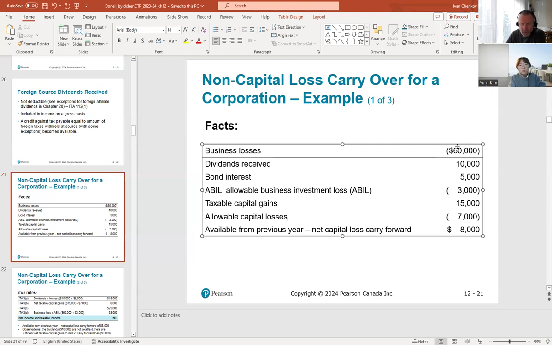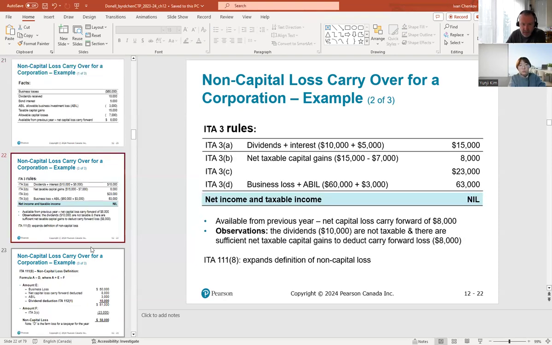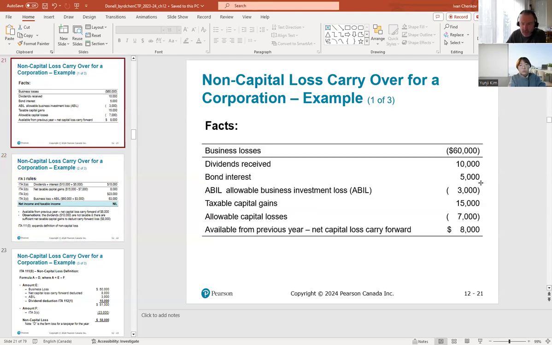So the dividend received, we're going to add it. The bond, we're going to add it. The allowable business loss, we're going to deduct it. So let's see, dividend and interest, which is 10 plus 5, will be 15. Next, net taxable gain, which will be 15 minus 7.